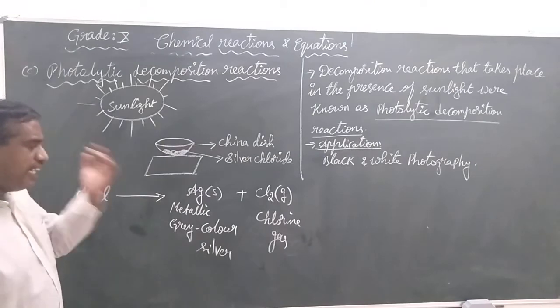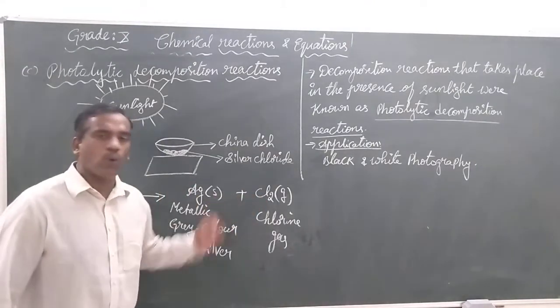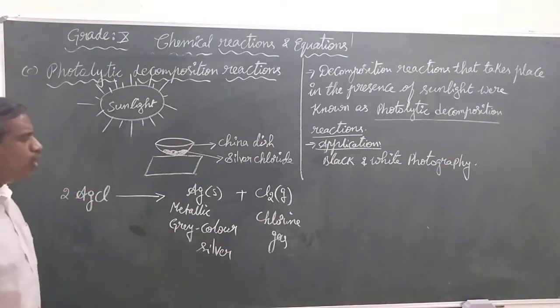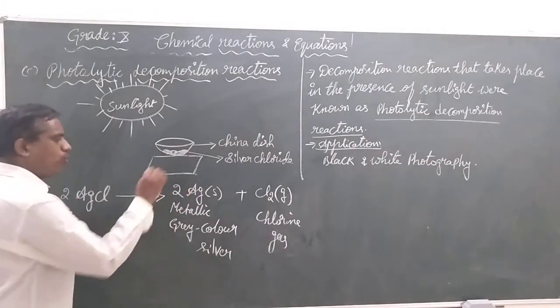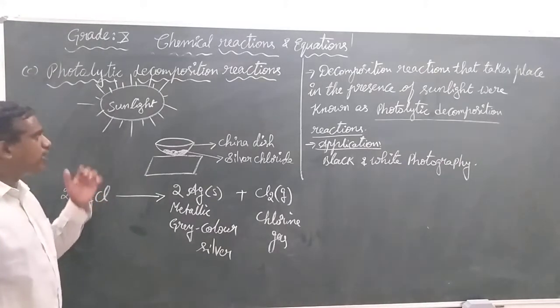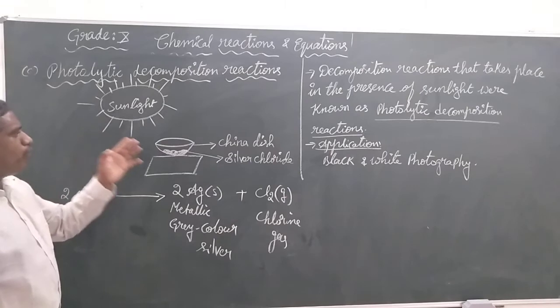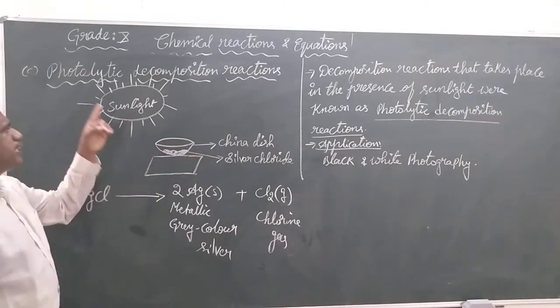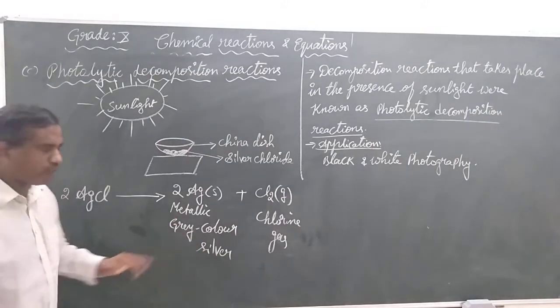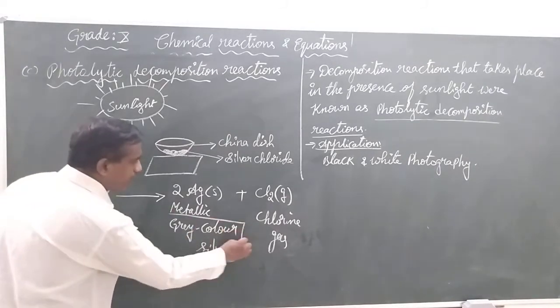But let us see, there is one silver and two chlorines. So let us make question number 2 that is going to say 2 moles of silver chloride. On taking them on a china dish and placing under sunlight, they decompose to give a grey color compound. What is the color of the compound we are getting?